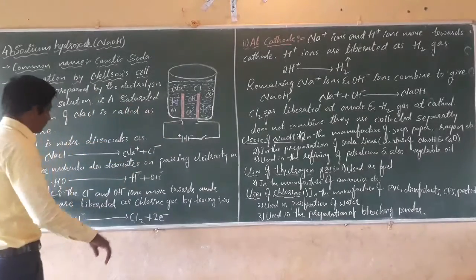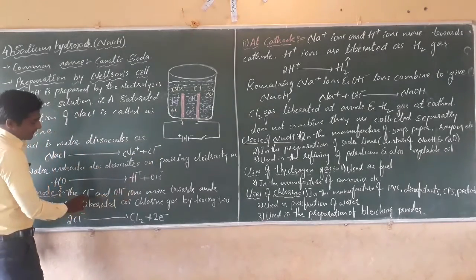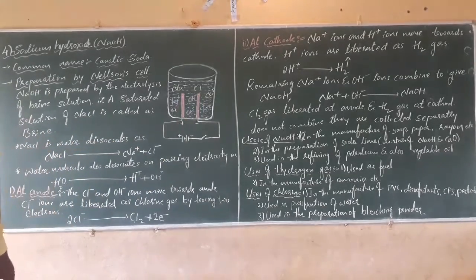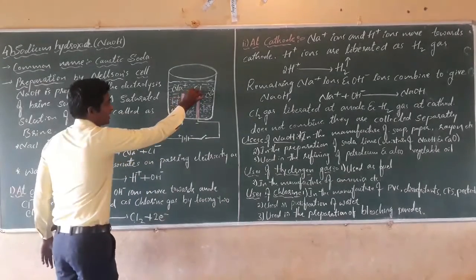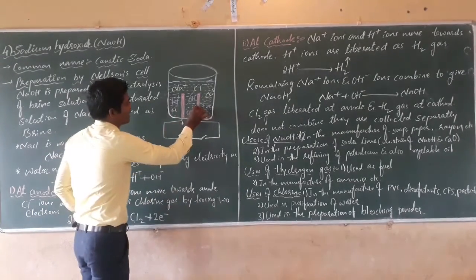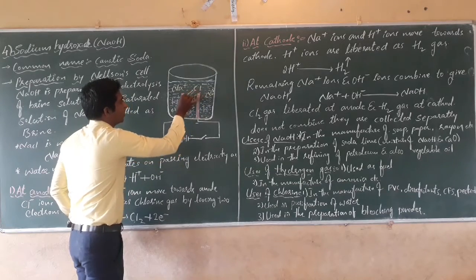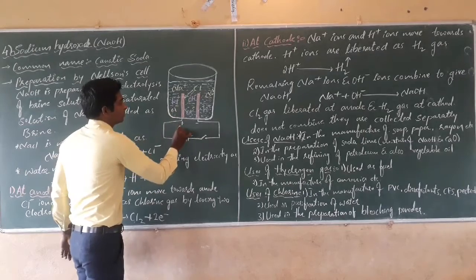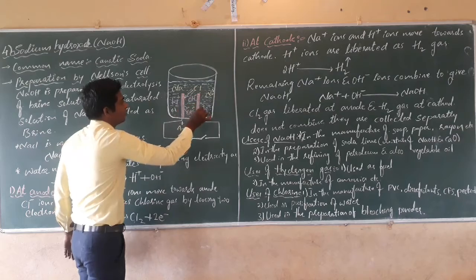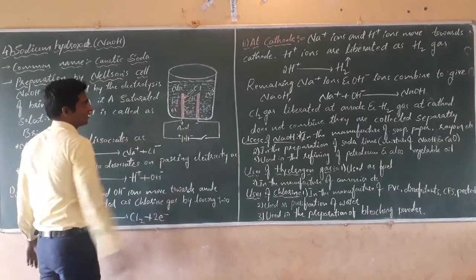First at the anode: Cl minus ions and OH minus ions will move towards the anode.